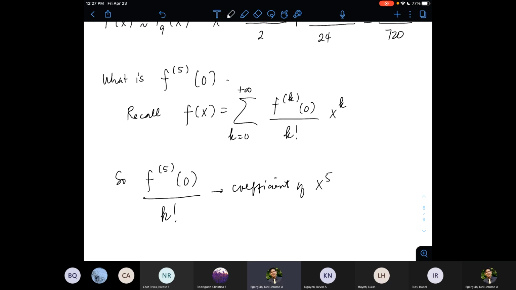Again, I surmise that because if I look at this formula, I will get an f upper 5 if I have x to the 5th. So if I know the expansion of f, all I need to look at is the coefficient of x to the 5th, and whatever is beside x to the 5th, that would be my f upper k or f upper 5 evaluated at 0 all over k factorial. Does that make sense?